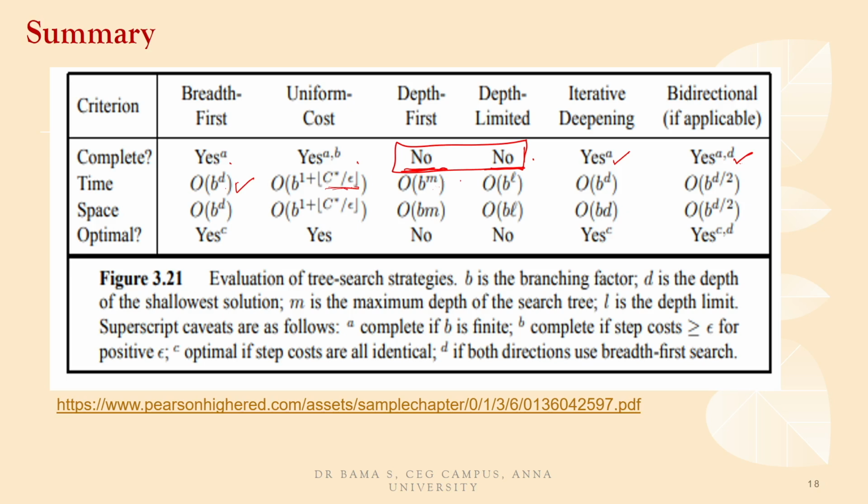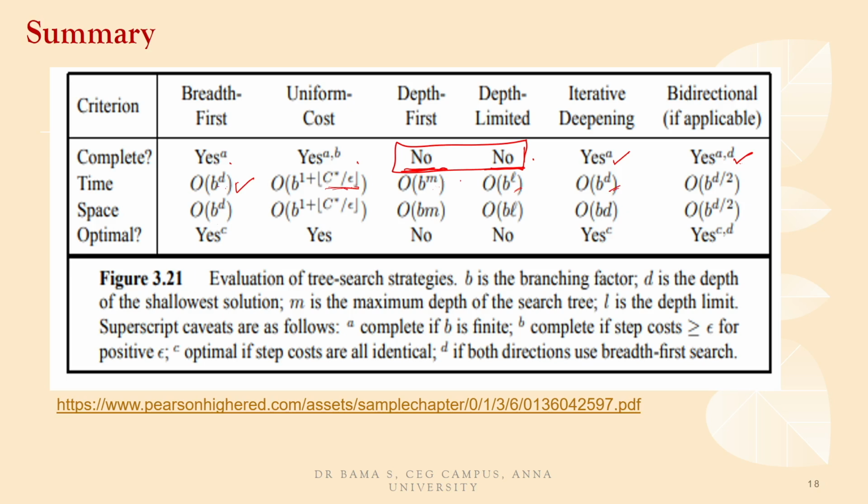If d is equal to m, then it is b power d. Depth limited is b power L, where L is less than or equal to d. Remember, we are specifying the limit at the beginning of the session along with the root as well as the goal. Then iterative deepening, it is the same as the breadth first search.